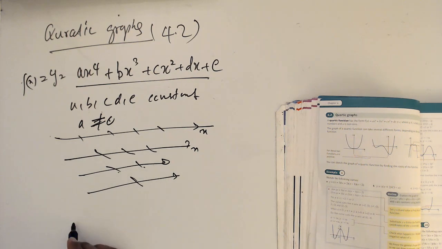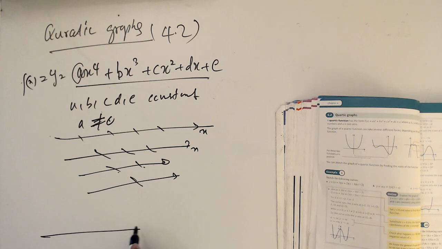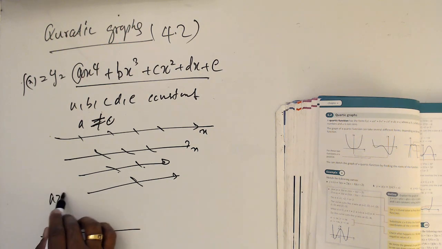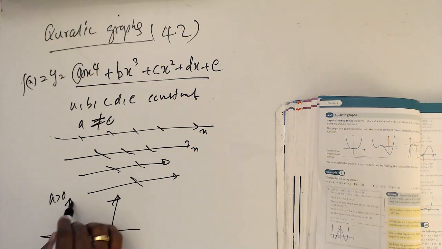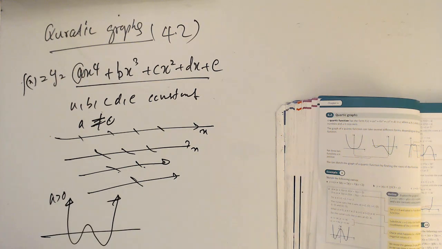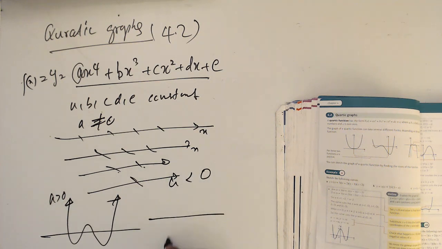Now there are two forms basically, depending on the a value. If a is greater than 0, you can look at this kind of graph. If a is less than 0, this kind of one.